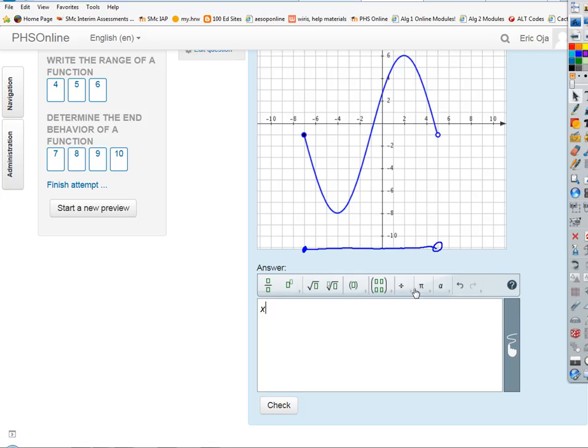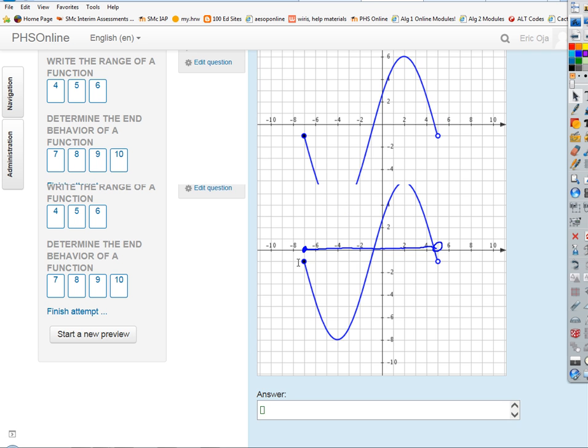So X is greater than or equal to -7, and what else? Less than 5. Everybody agree, that's what that interval is: greater than or equal to -7 and less than 5. Okay? And we got it.